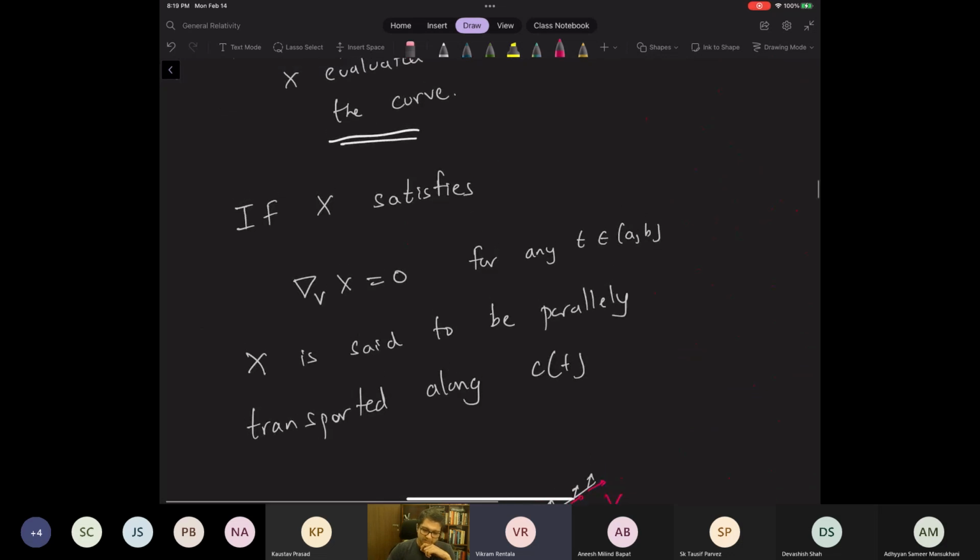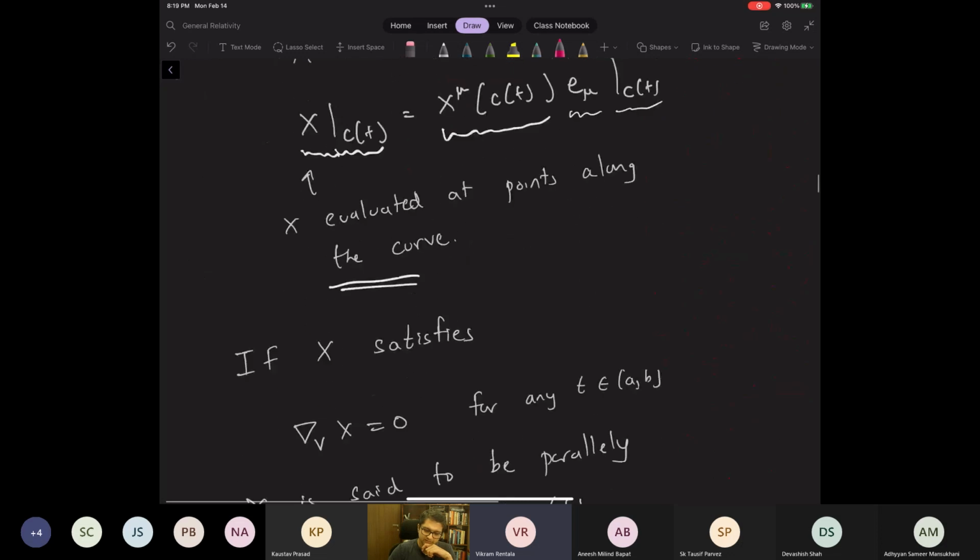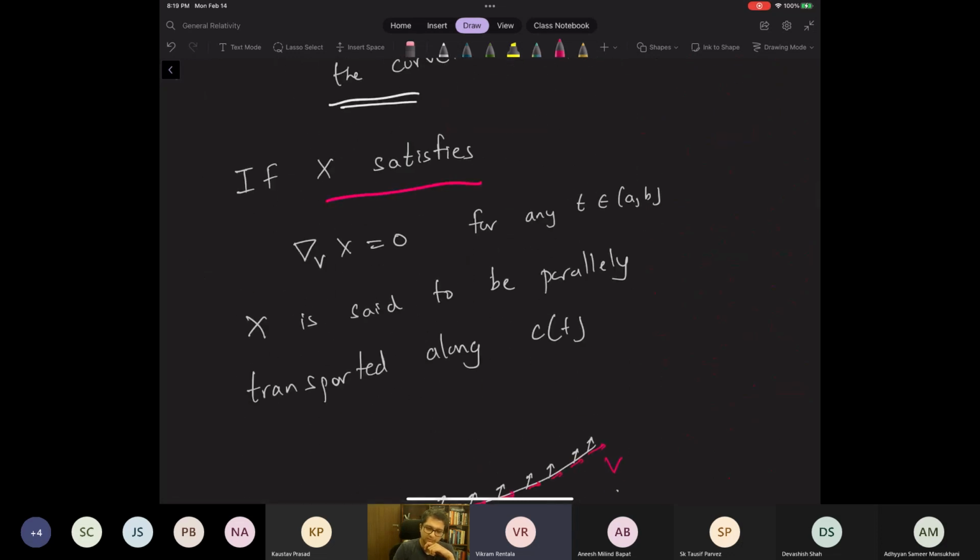Now we say that if this vector field x satisfies a property, and what is the property? The property is that ∇_v x is 0, again along the curve, for any t belonging to [a, b].